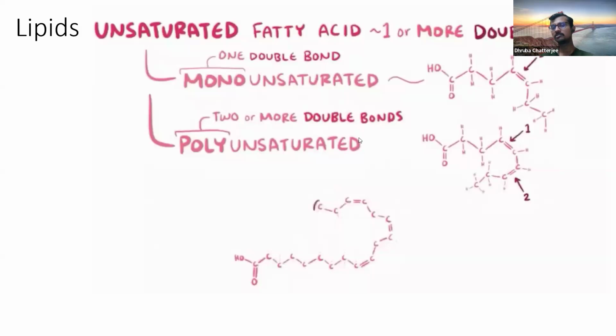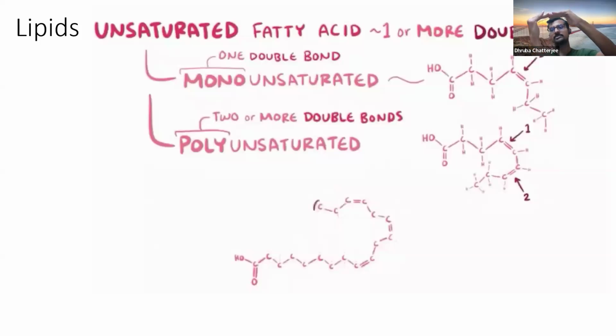If it contains two or more double bonds, it's called polyunsaturated fatty acid. The saturated fatty acid chains were absolutely linear, because of which they can pack very nicely. However, in unsaturated fatty acids, because of the presence of a double bond, there's a kink in their structure.